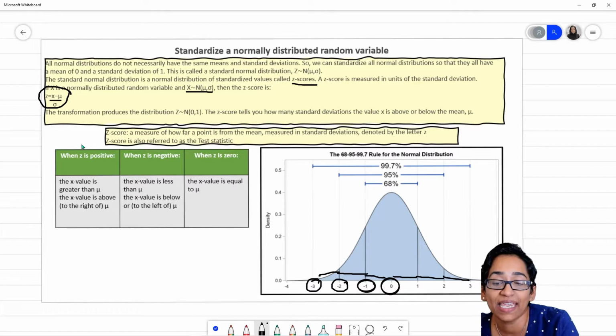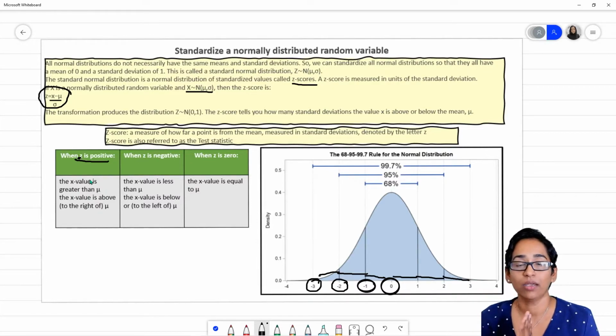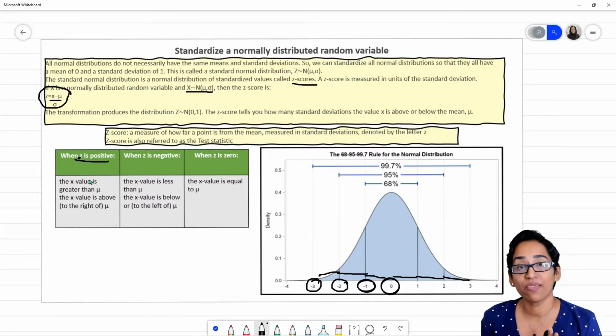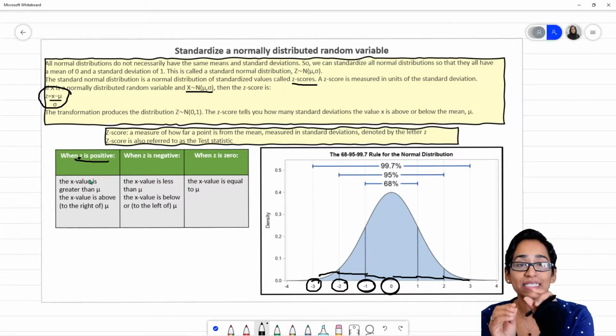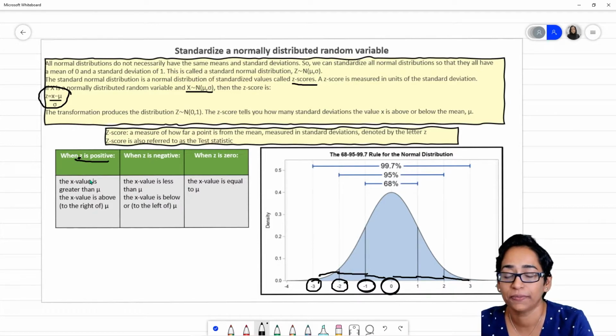So what I'm saying is when the z-score is positive, that means your value is greater than the mean. So this is the mean, and if you're greater than the mean, you're on the right-hand side. If you're less than the mean, you're on the left-hand side. Again, keep in mind, the z-score is the number of standard deviations you are away from the mean.